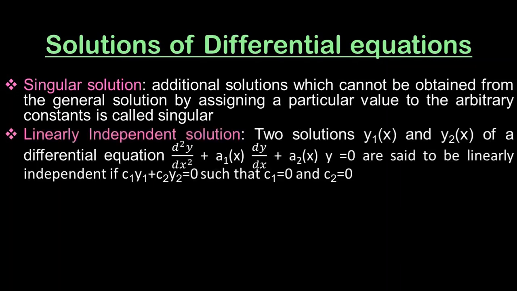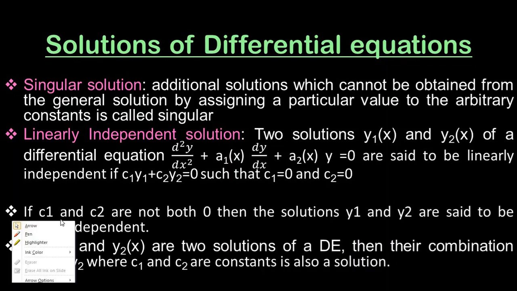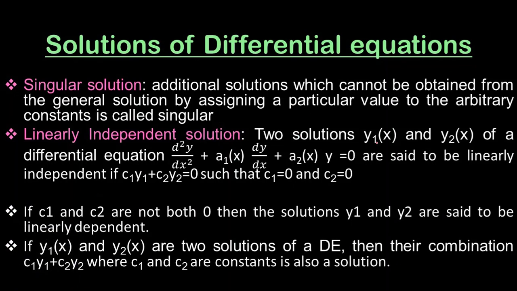The next solution is the linearly independent solution. So a linearly independent solution has some conditions. Two solutions of a differential equation are said to be linearly independent if, when they are written in this form, C1y1 plus C2y2 equals 0, this is satisfied only when C1 and C2 are 0.